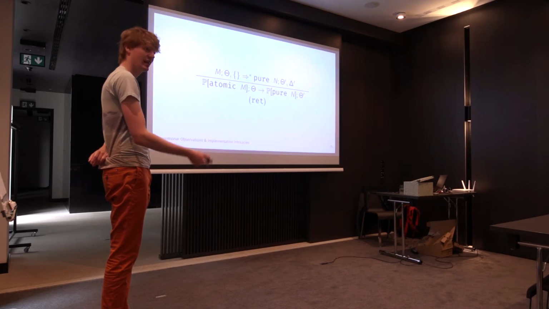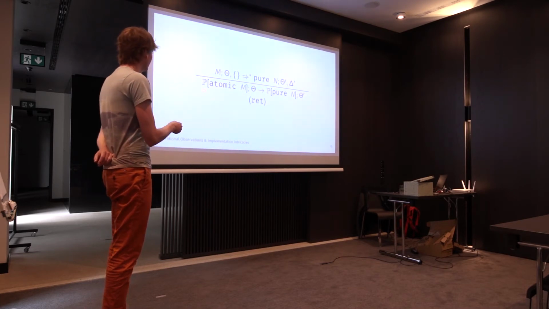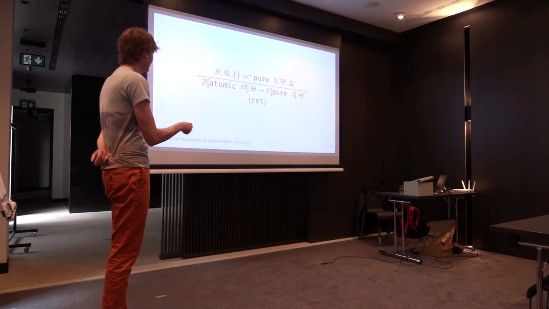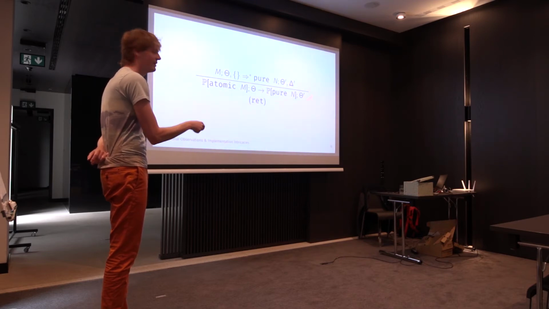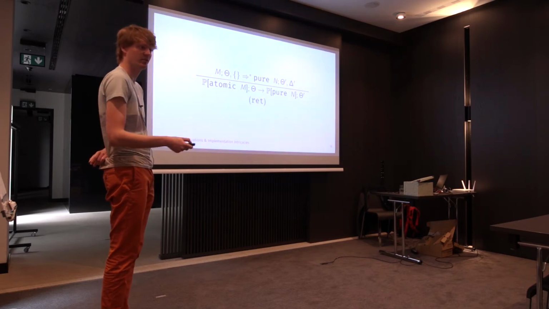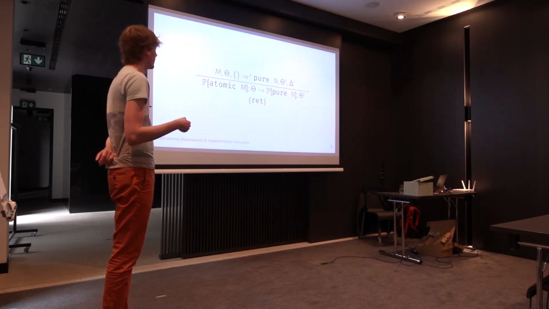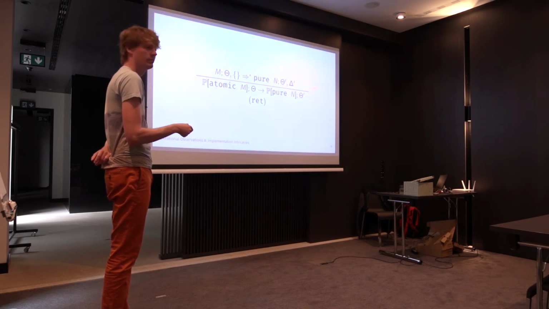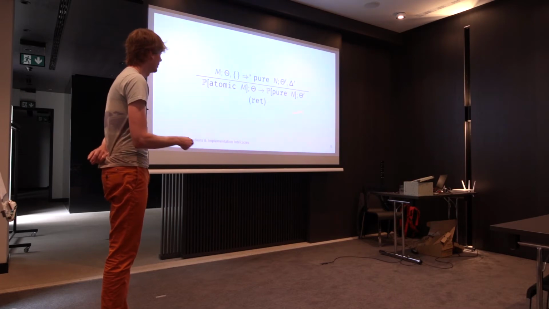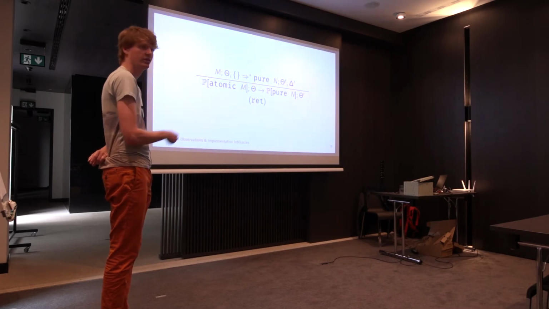If this is the case, then if this thing is true, and notice there's an M here and an M here, they mean the same M, then we end up here. So this says something about what happens in the STM stuff and how that corresponds to the I/O stuff.